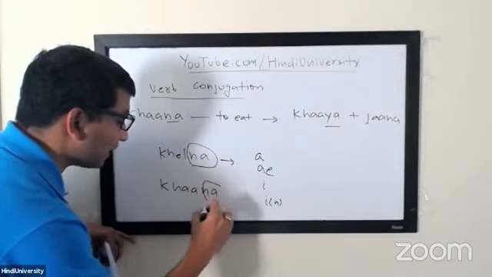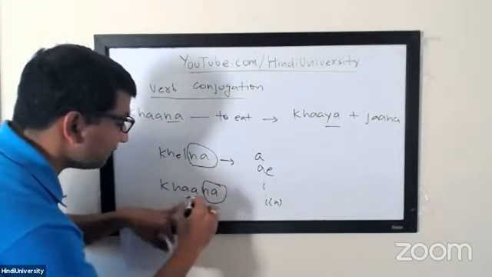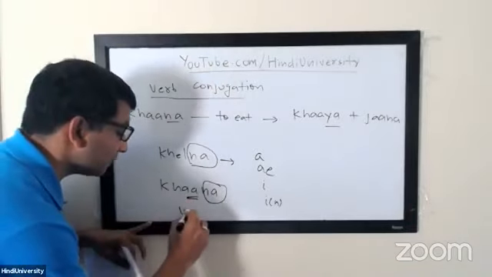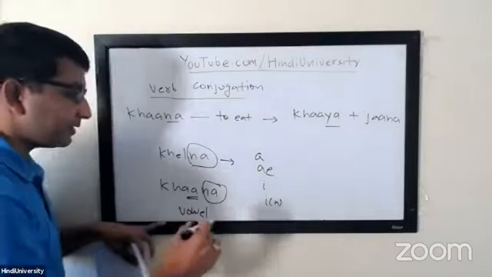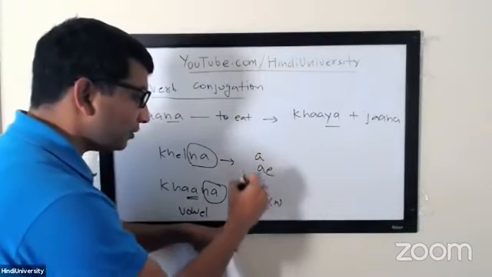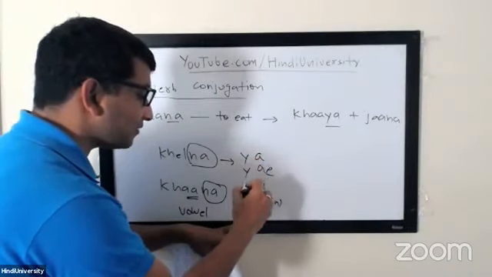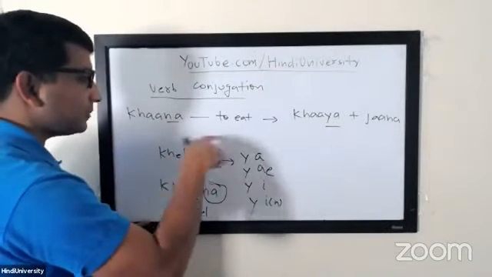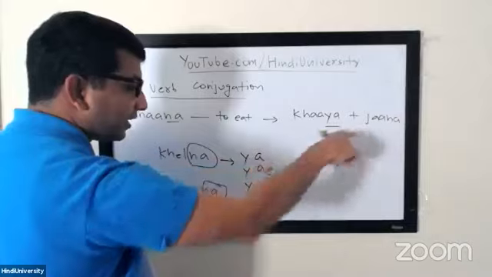So when you remove the na, the base stem is a vowel. So here you have the same rule, but you just put a y or ya sound next to it. That's why it becomes khaya, jana.